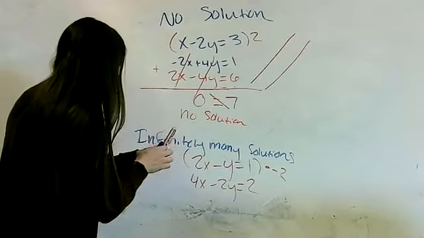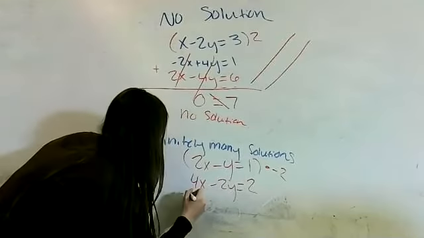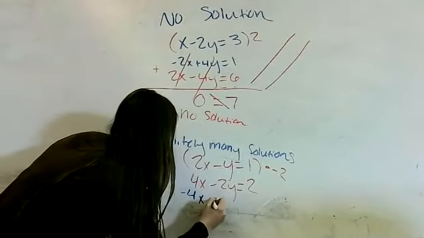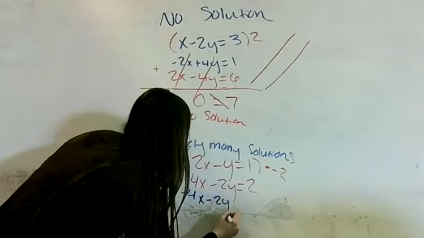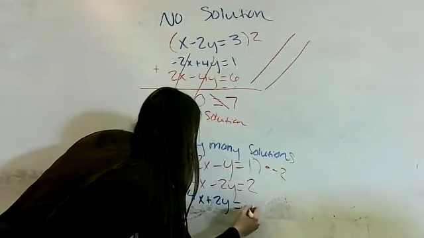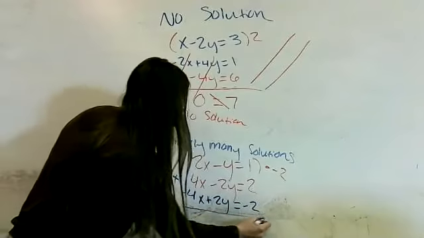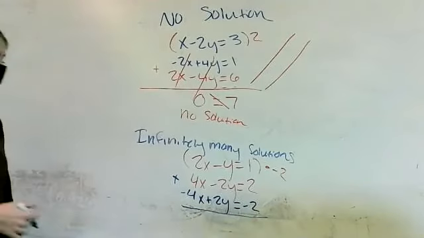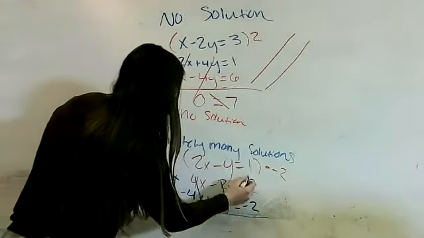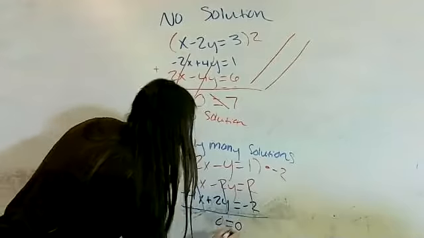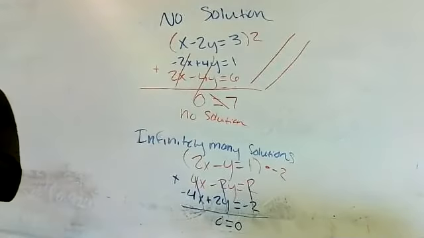So my new equation 2: negative 4x plus 2y equals negative 2. So I know I'm set up for cancellation, so I can go ahead and do so, except everything cancels to get 0 equals 0, okay?